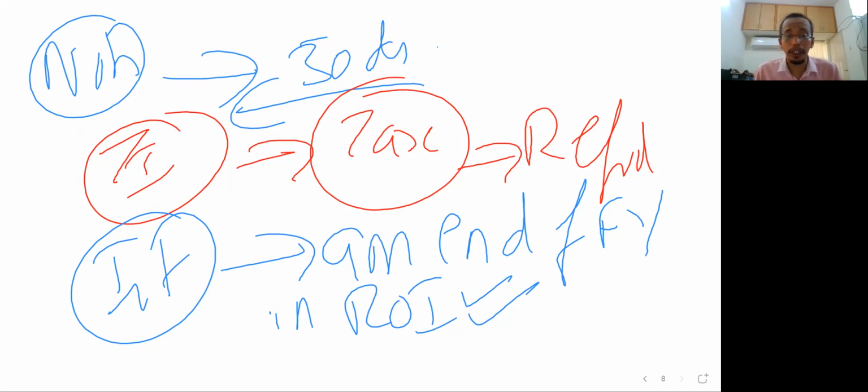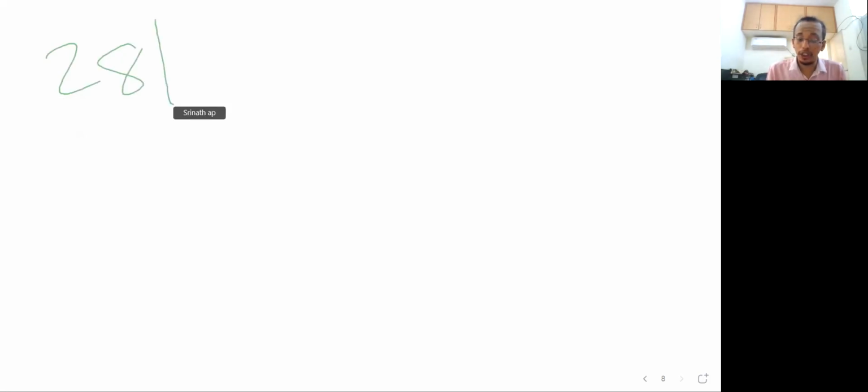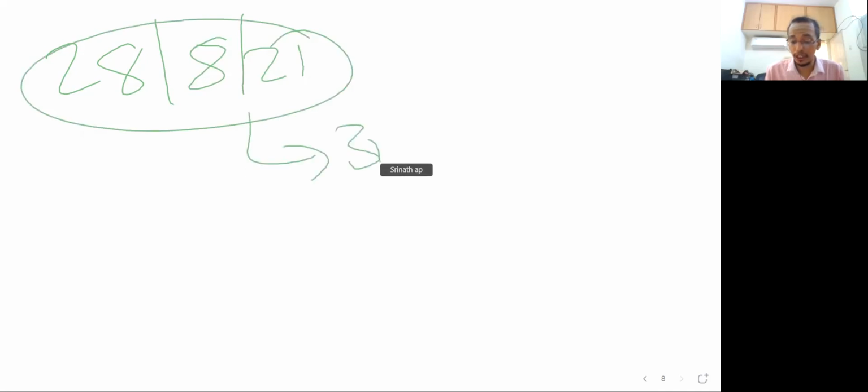Within that 9 months period, the intimation has to be sent. For example, let's say the return of income for the year has been filed on 28th August 2021. The end of the year is 31st March 2022.